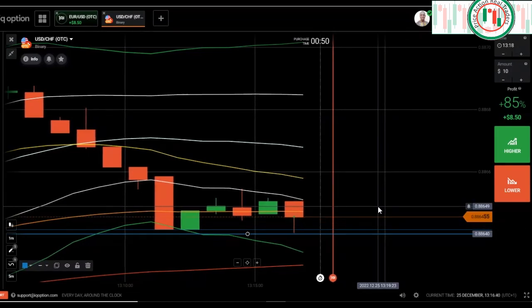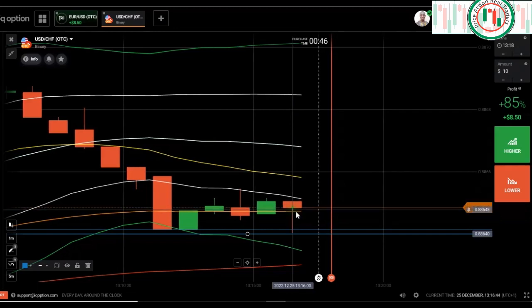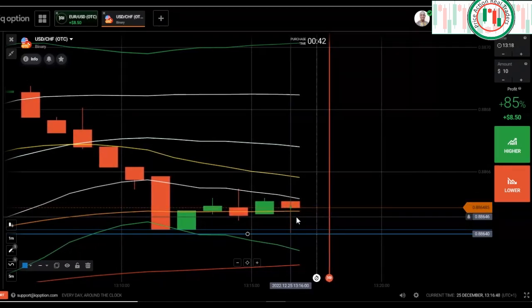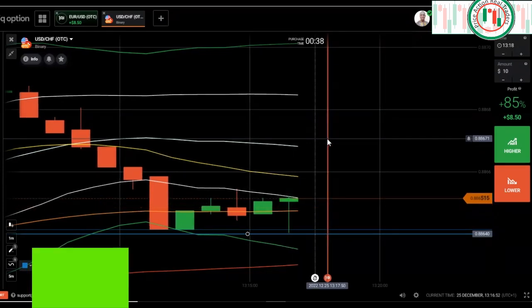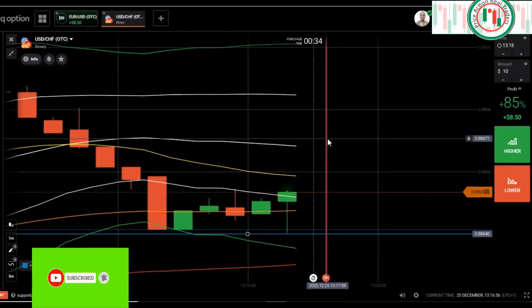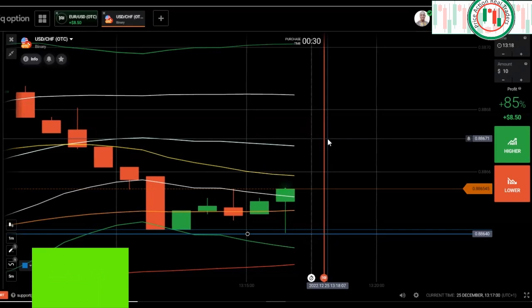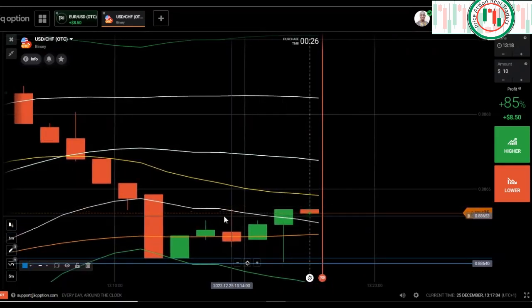So you see, if this is a hammer candlestick, I'll place a put option.